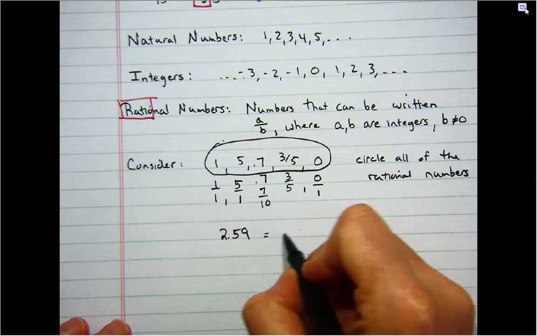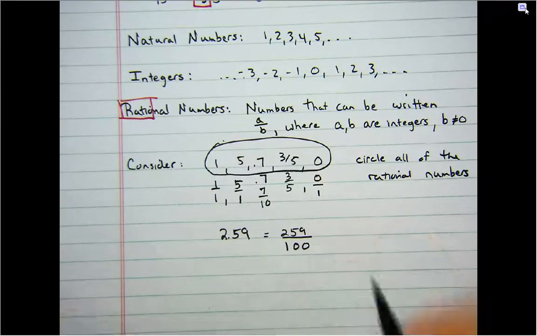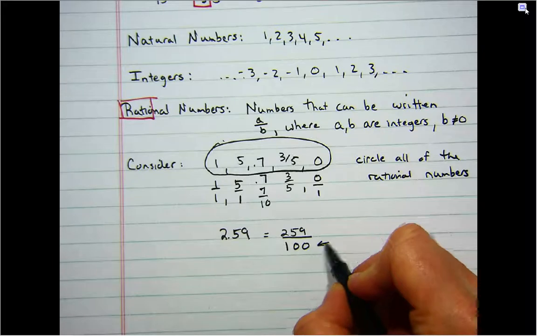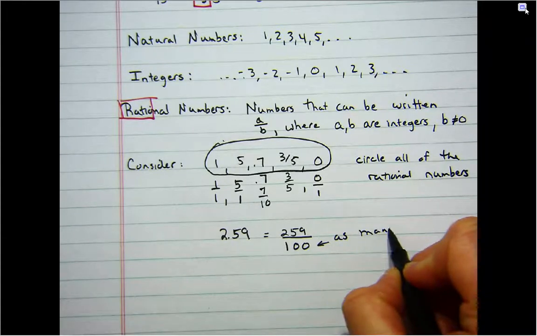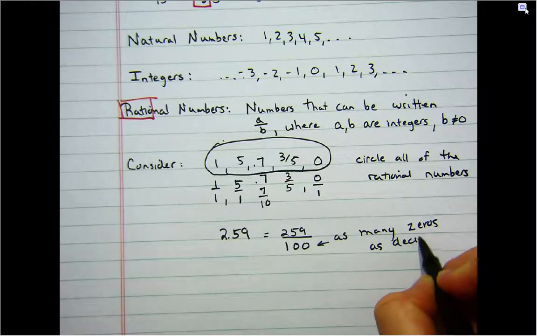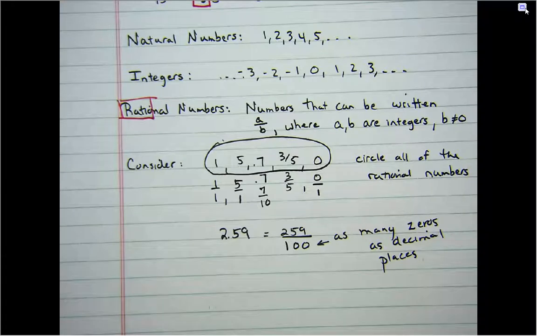Almost. 259. And you pick as many zeros as you have decimal places. Yeah, 100. Good. So pick as many zeros as decimal places. 259 over 100.